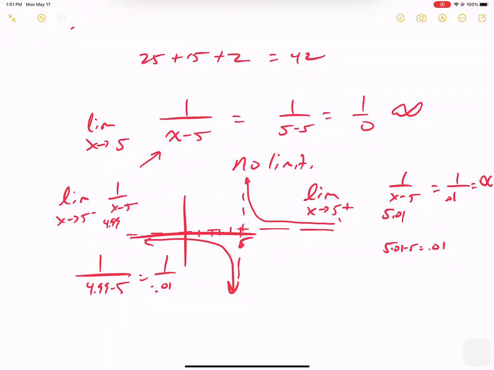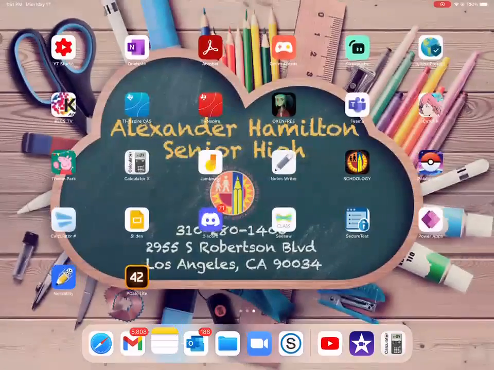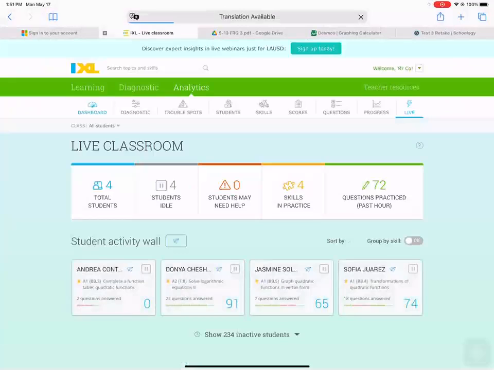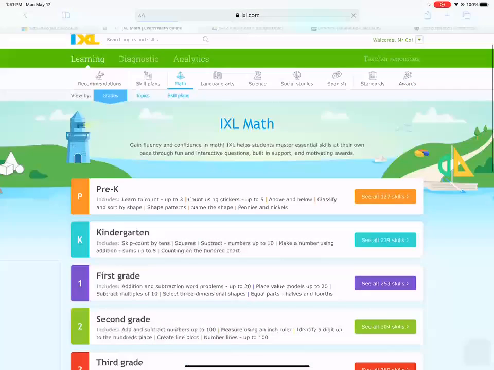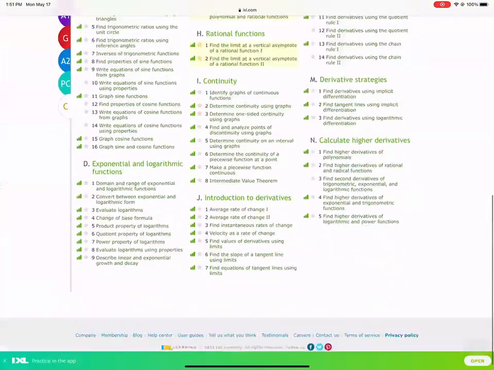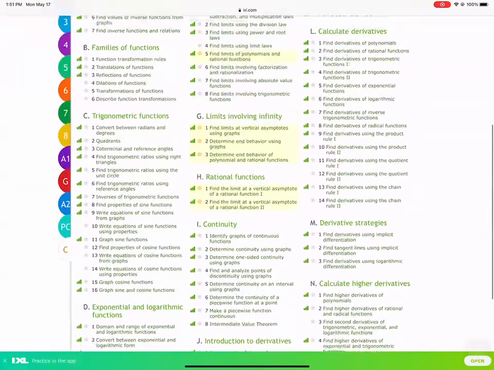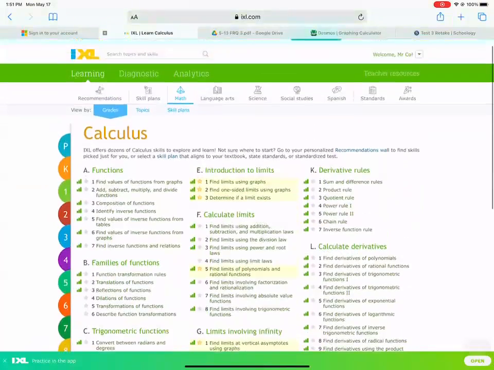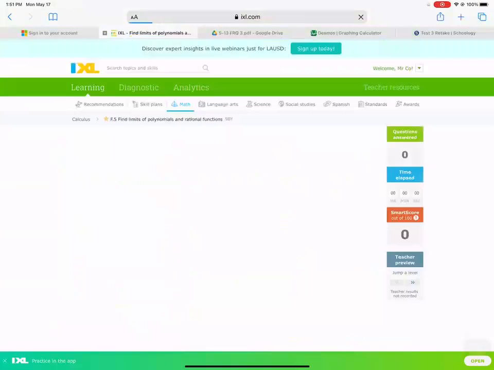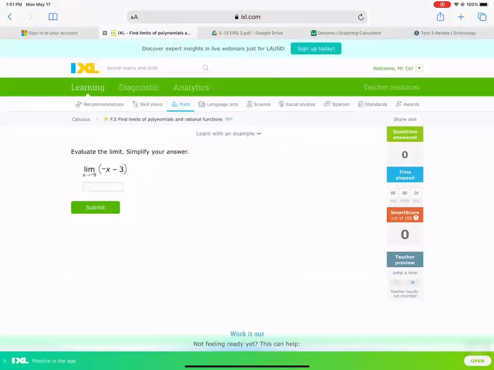All right. Okay, so today your IXL work. You guys are working on IXL. Oops, this is the calculus section. We're going to be working on finding limits right here, number 5, F5. Okay. And what are we going to do?